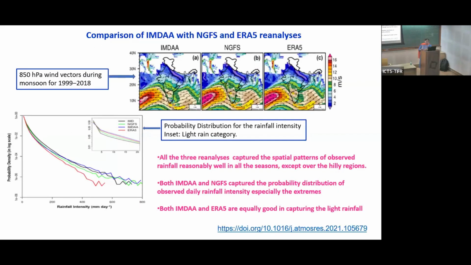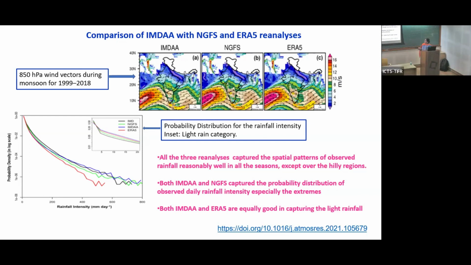As I mentioned, we have two reanalyses at NCMRWF. One is the regional reanalysis with the unified system, and another is the global reanalysis with the GFS system. We compared all three reanalyses, IMDAA, NGFS and ERA5. When we compared the rainfall predictability, all three reanalyses captured the spatial pattern of observed rainfall reasonably well in all seasons except over the hilly regions.